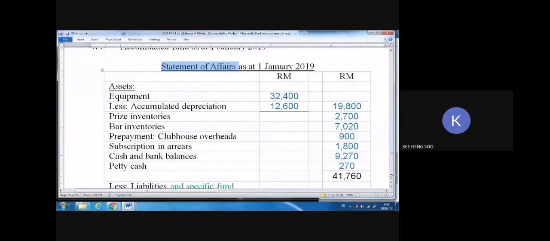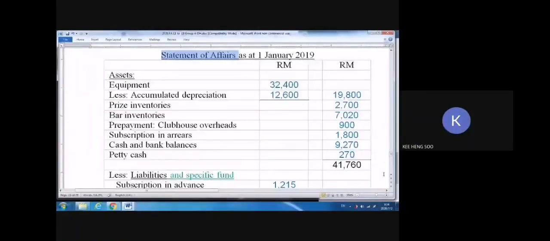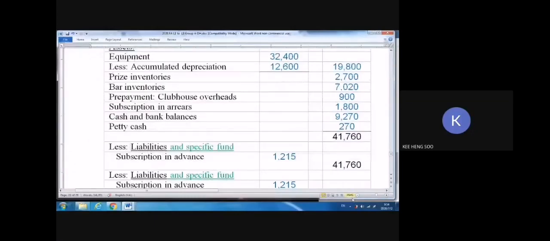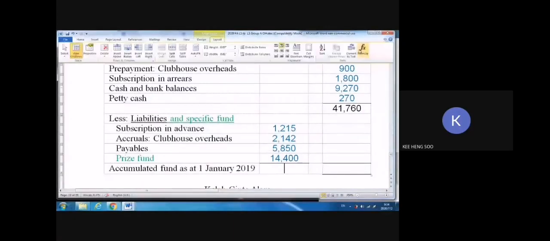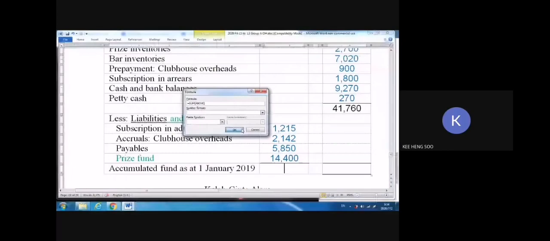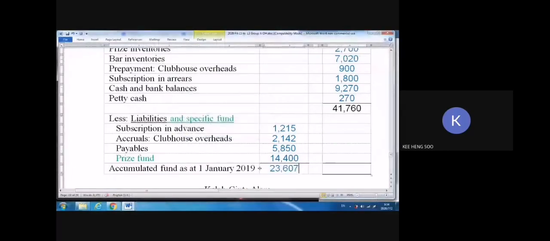Statement to ascertain accumulated fund, understand? Then I can minus, then you don't put liability minus all these things. You can get the accumulated fund. So my answer is almost coming out already. I don't want to give you the whole answer. You just get this figure here. You can get your accumulated fund for yourself.